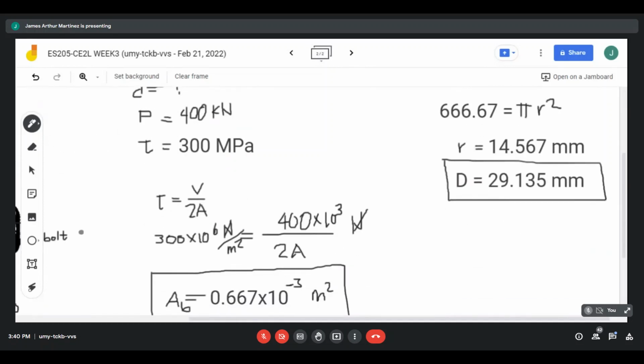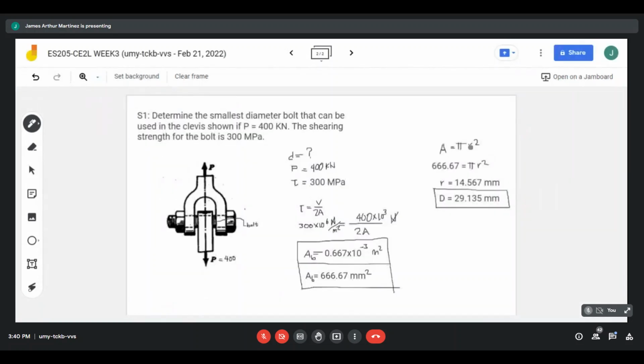So this is now our final answer. The smallest diameter of a bolt that can be used in the clevis is equal to 29.135 millimeters.